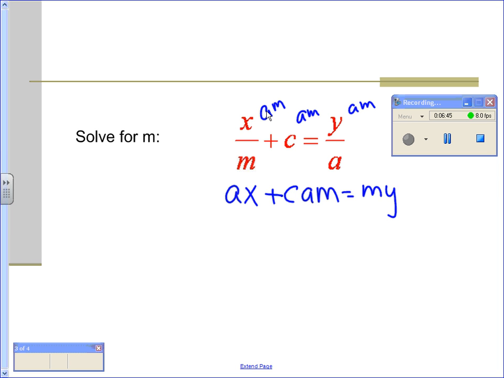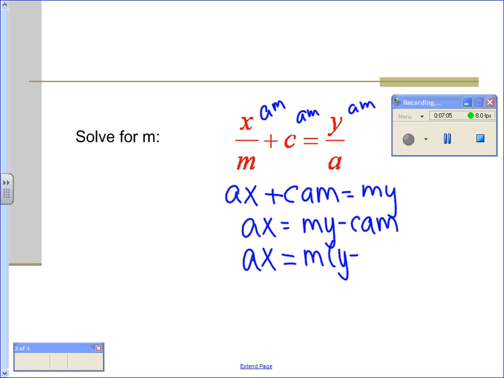Okay. So now we're solving for m. So I need to get the m's on the same side. All right. Does that make sense? So now what do you have to do? So you have y minus ca times m.